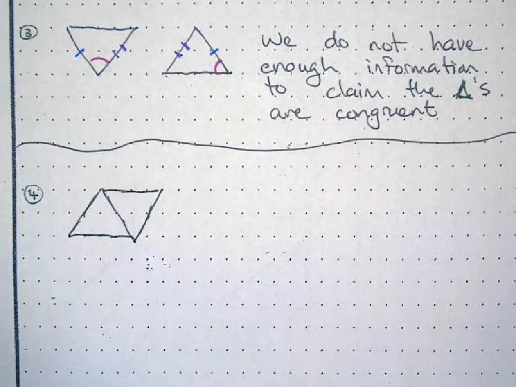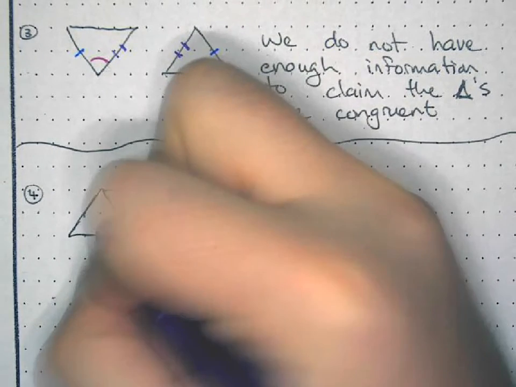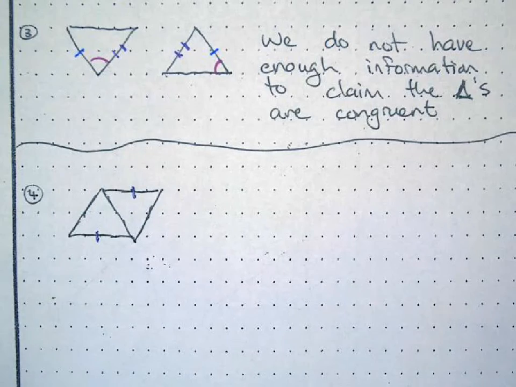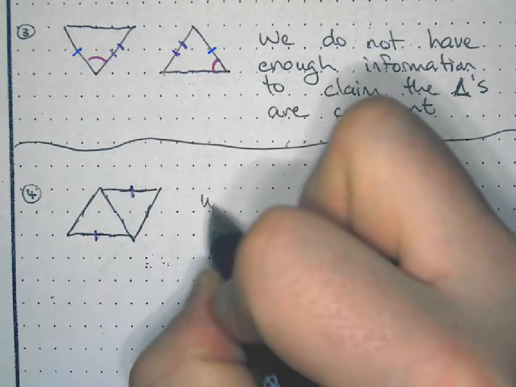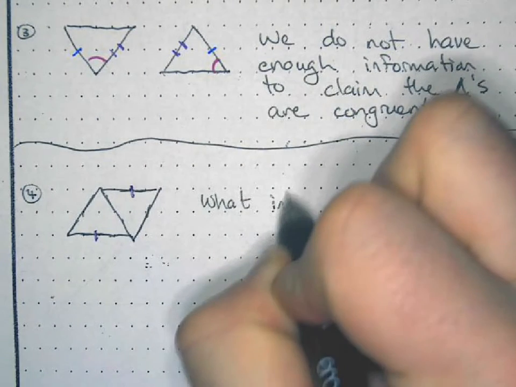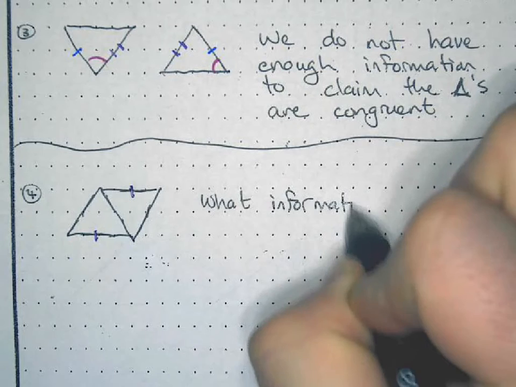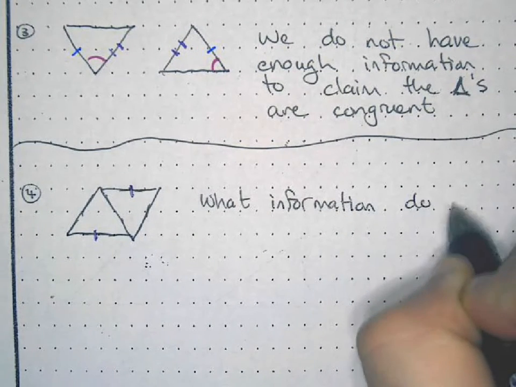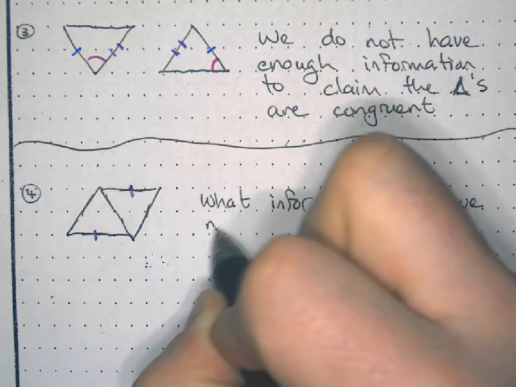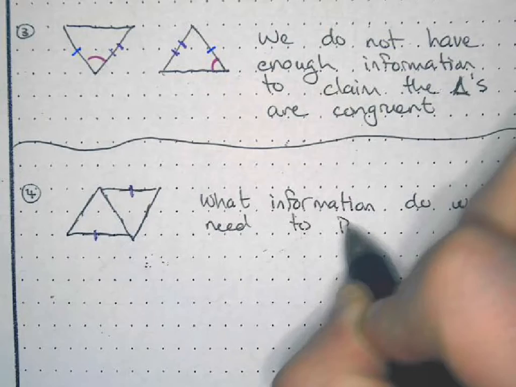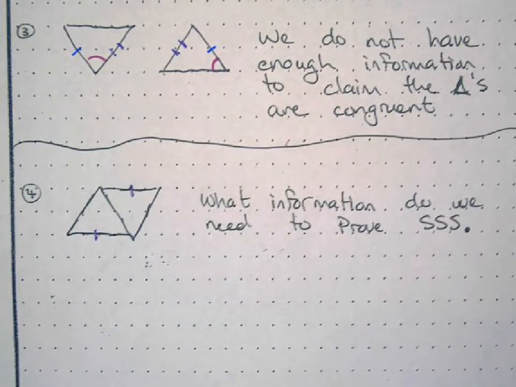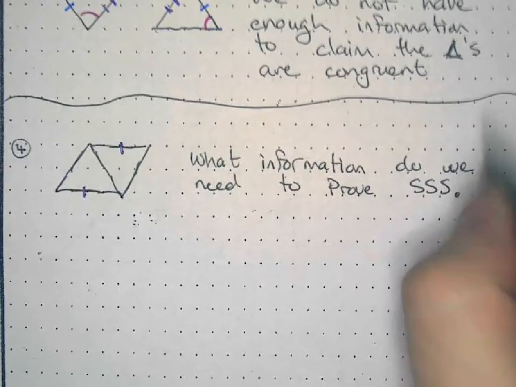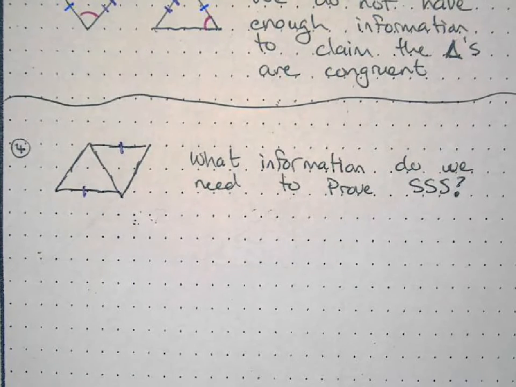And the only information given is this, and we are asked what information do we need to prove side, side, side? That's like our question. What information do we need to prove side, side, side?